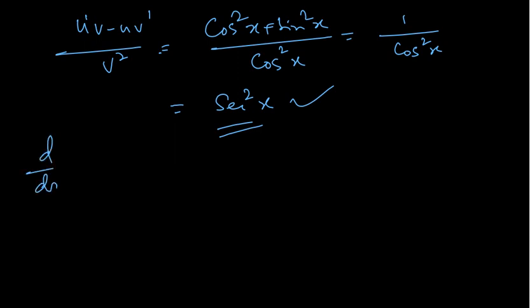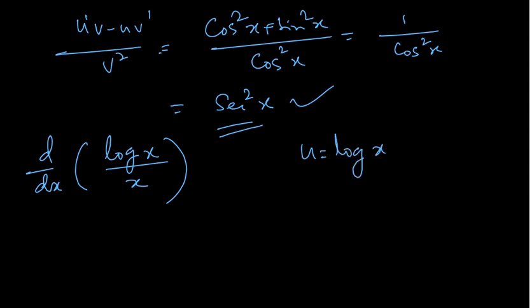D by dx of log x divided by x. So U is equal to log x, V is equal to x. Okay. U dash is 1 by x, V dash equal to 1.